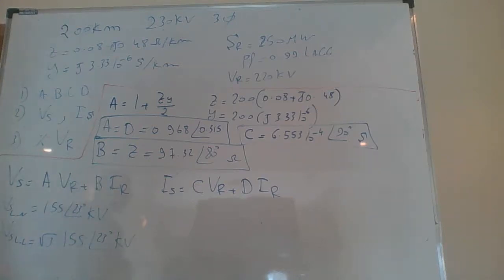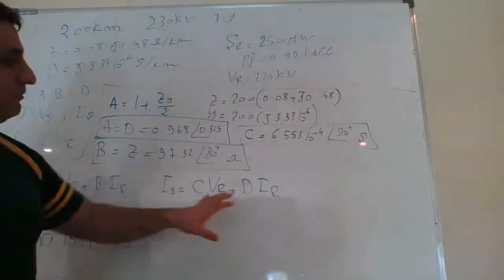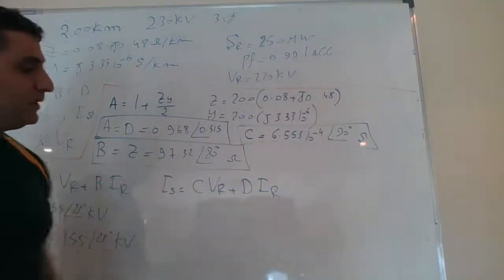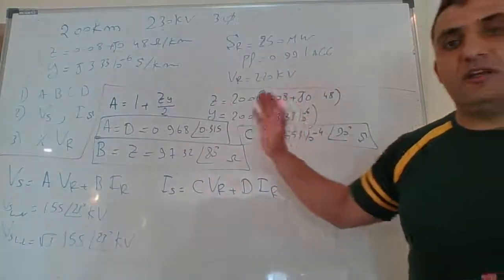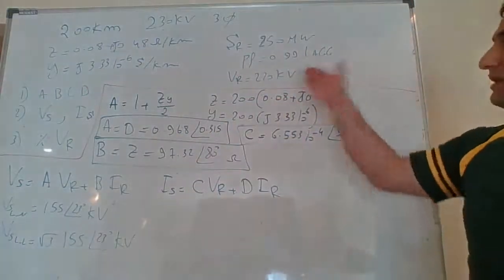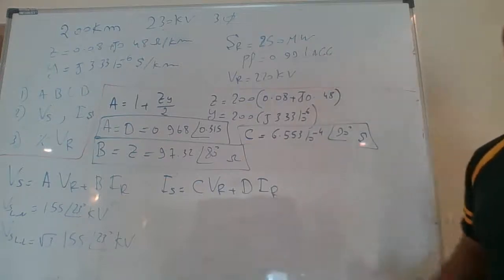The answer will be 635 amps for IS, at the angle of minus 0.34. All I did now is I put the numbers. And I'm pretty sure you all know how to use the numbers. You can use the scientific calculator to multiply the complex numbers, which is very easy for you.